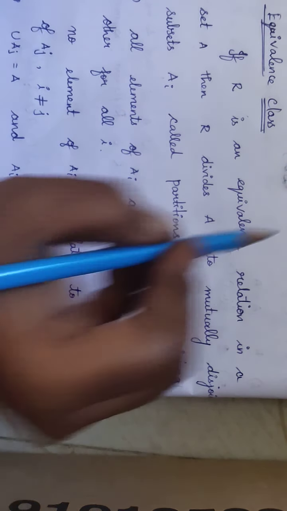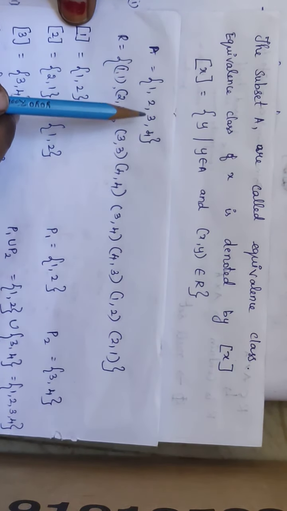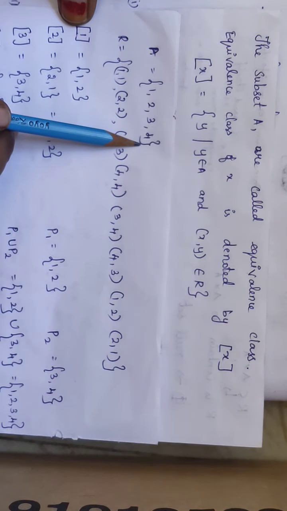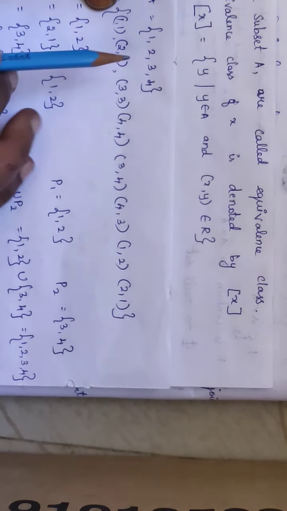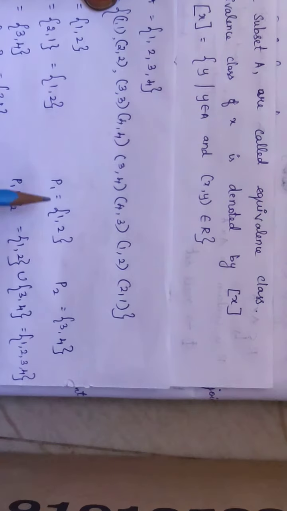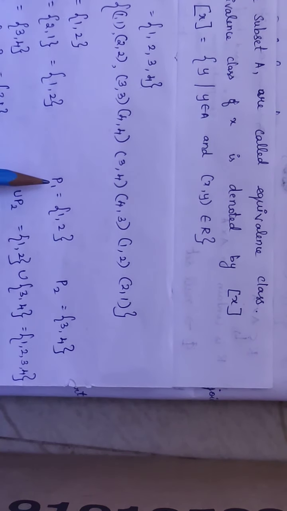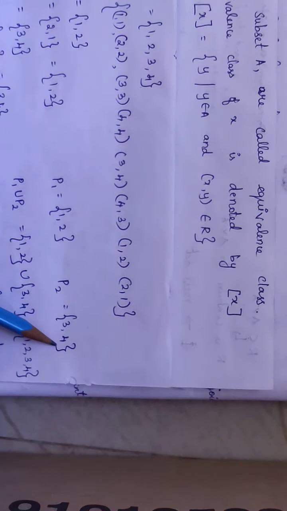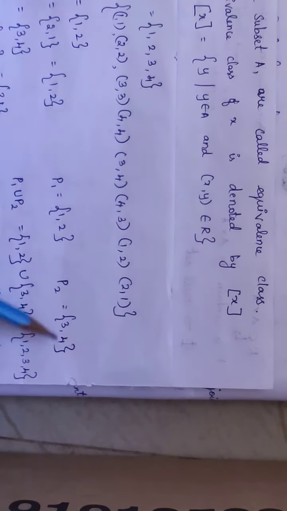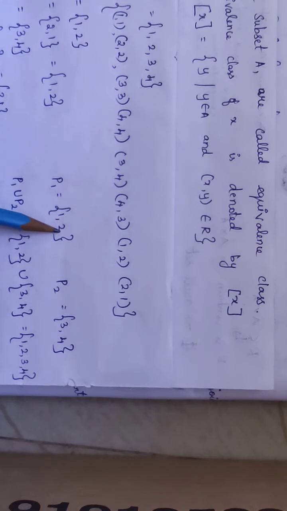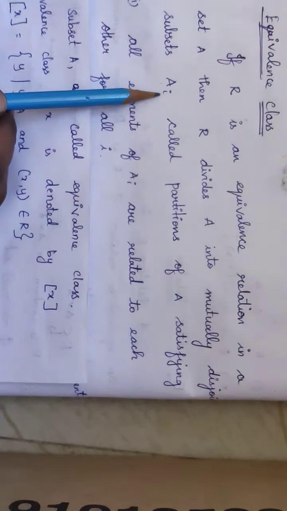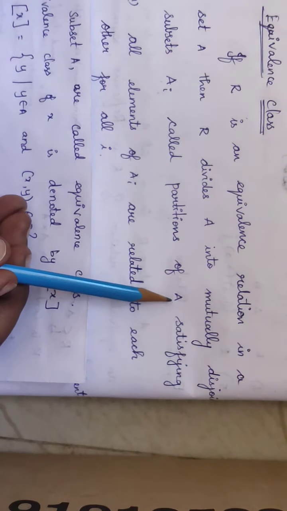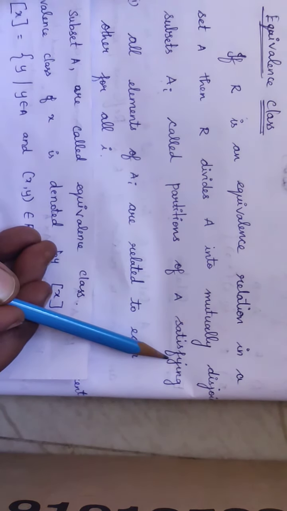For example, if I take 1, 2, 3, 4 as a single set, then using the conditions we have to divide that set into P1 = {1, 2} and P2 = {3, 4}. These two are subsets, and this is given the name partition. That is the name partition.